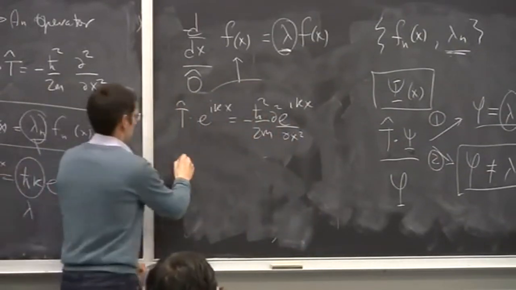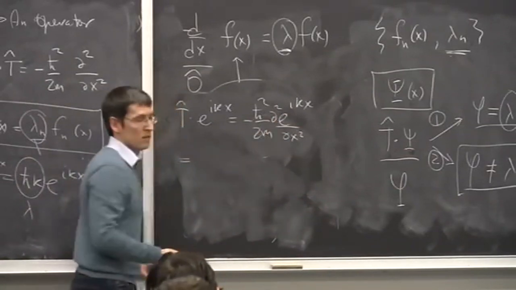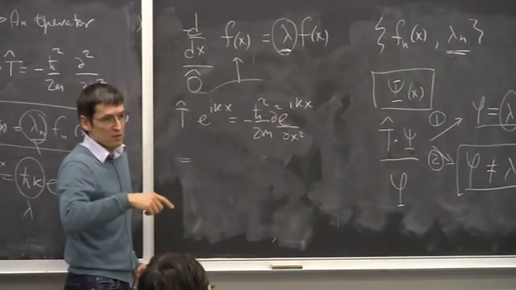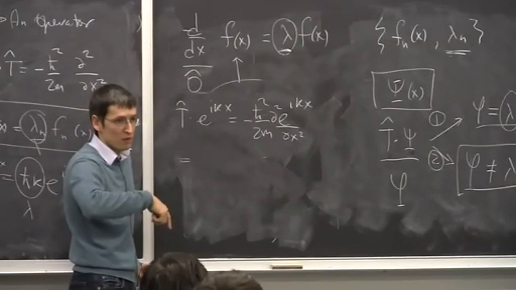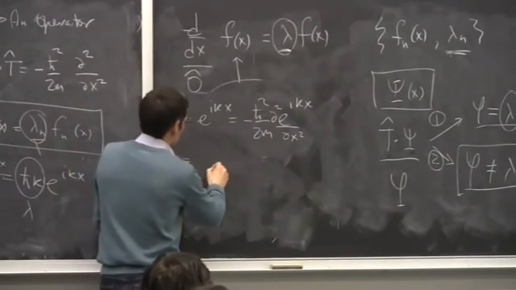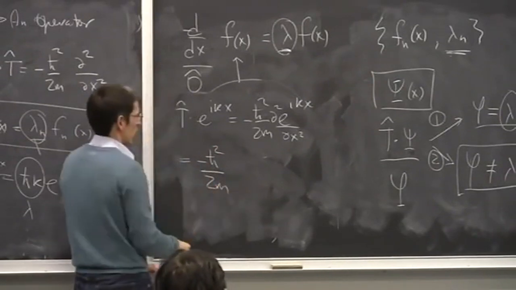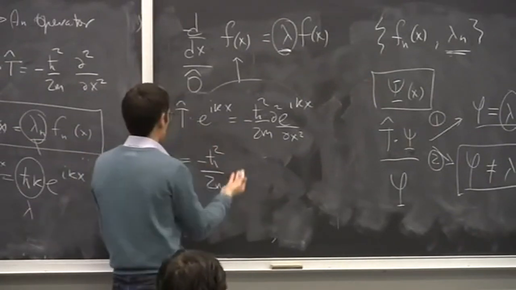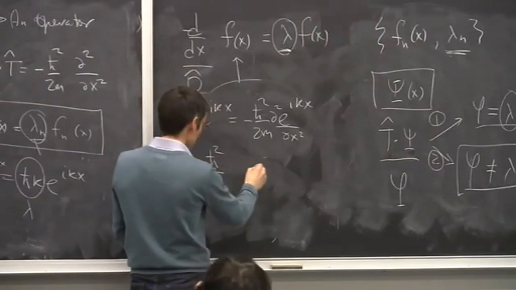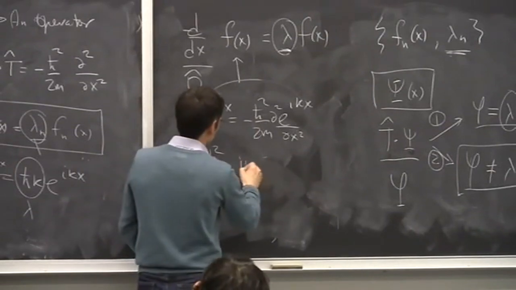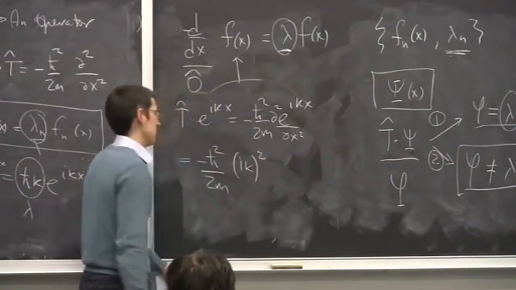So we differentiate the exponent twice. Every time we differentiate, ik will come down, right? So minus h bar squared divided by 2m. That constant should not be forgotten because it's part of the T operator. And then we have ik squared, right?